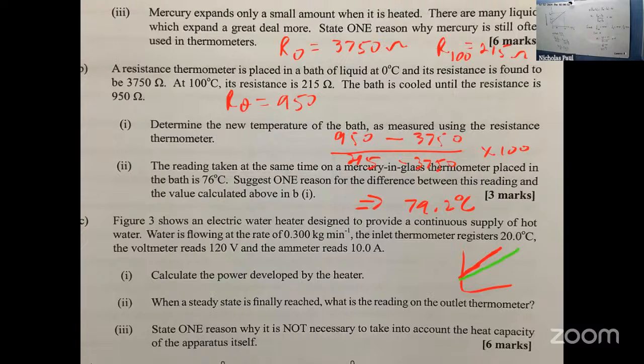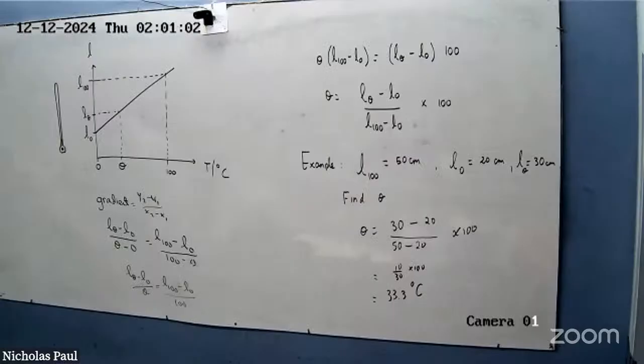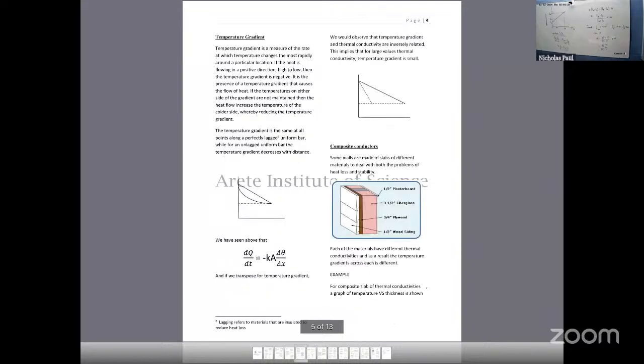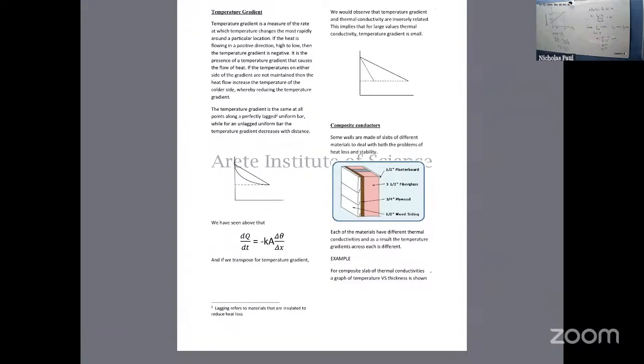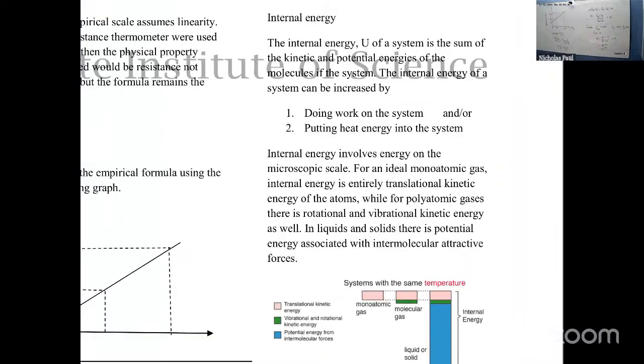But first I want to go over a new quantity called internal energy.